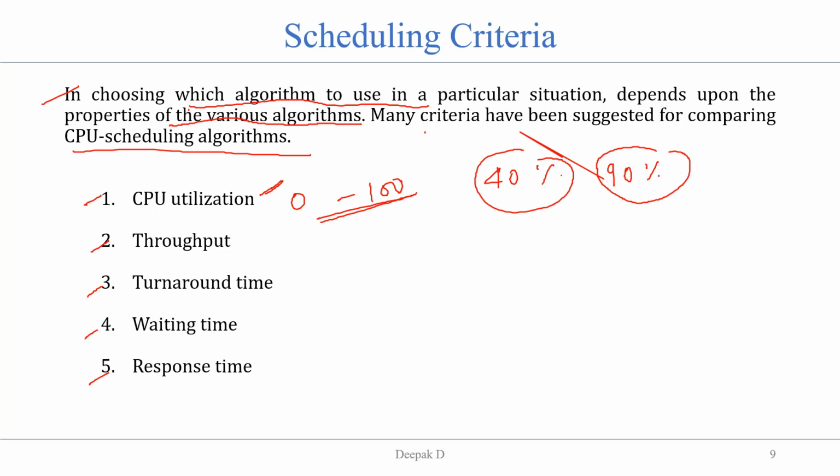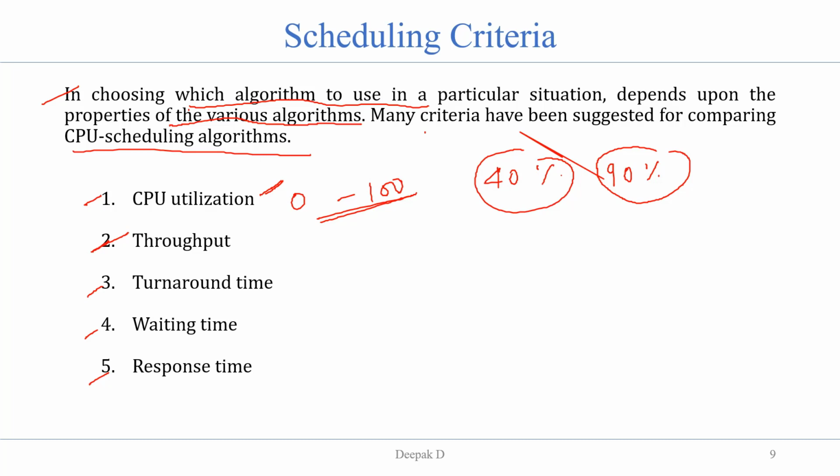The second one is throughput. If the CPU is busy executing some processes, it means that some work is being done. One measure of work is the number of processes that are completed per unit time, called throughput.